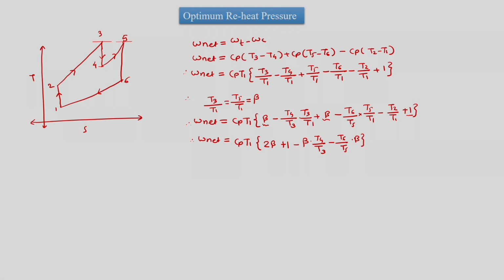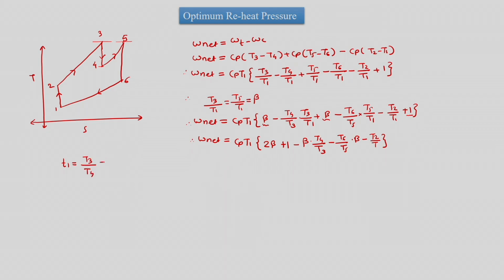So this is what we can write down, minus T2 by T1.